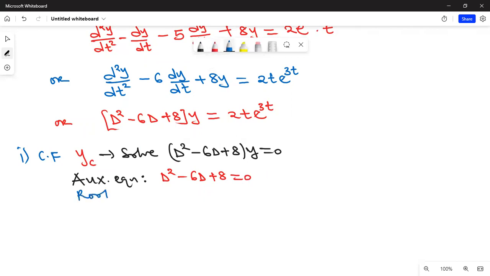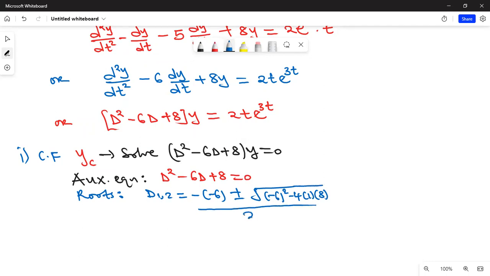So what about the roots? I'm going to use the quadratic formula so that D1 and 2 is the same as negative of negative 6, that's negative b, plus or minus the square root of negative 6 squared minus 4 times a, which is 1, b is negative 6, c is 8, over 2 times a, which is 1. So let's work out. This should give us 6 plus or minus the square root of 6 squared, which is 36, minus 4 times 8, which is 32. So that's 36 minus 32.